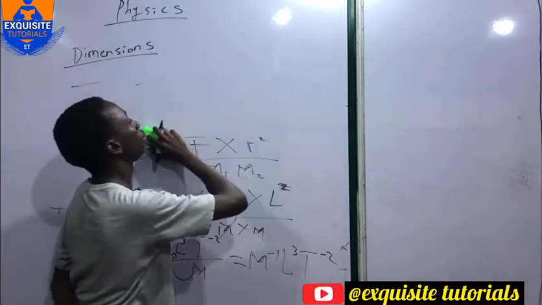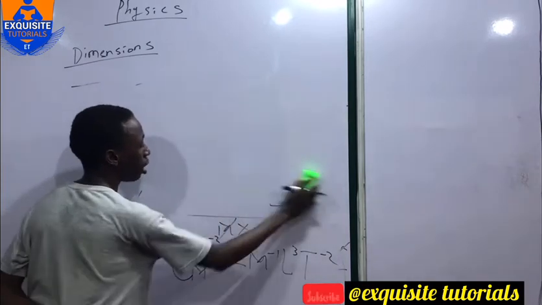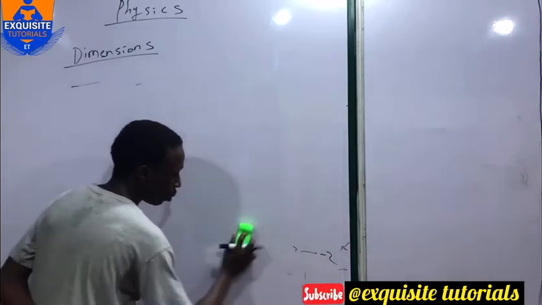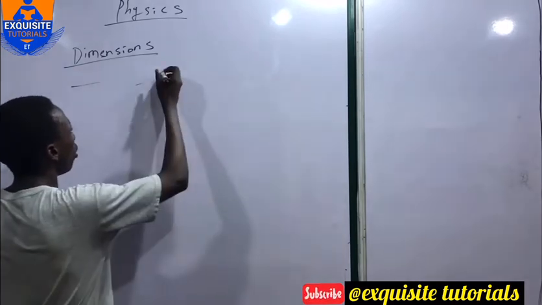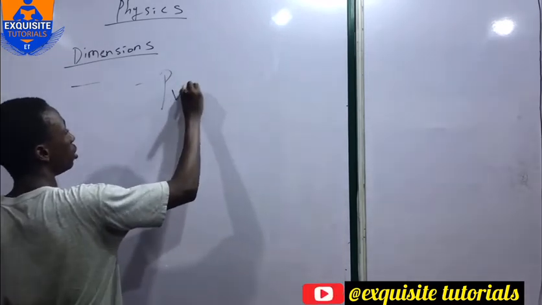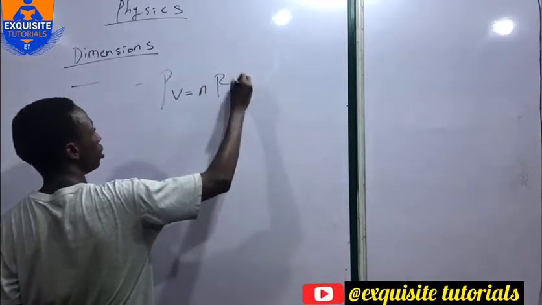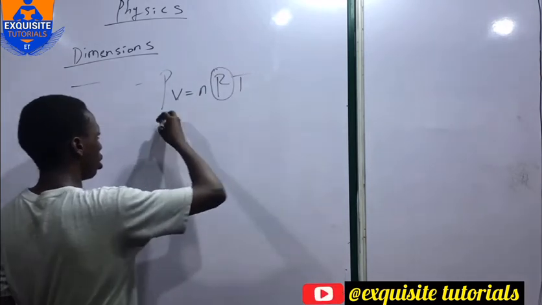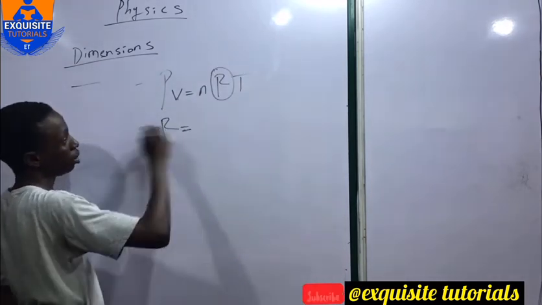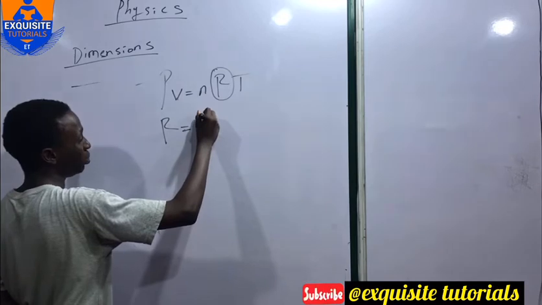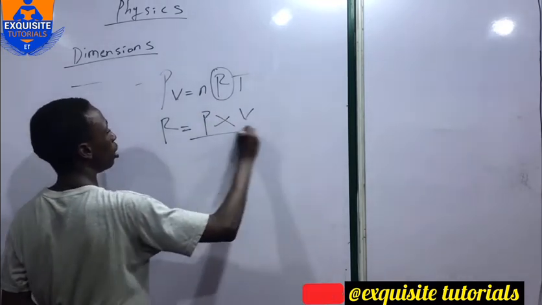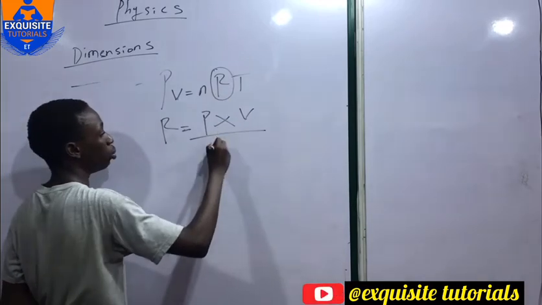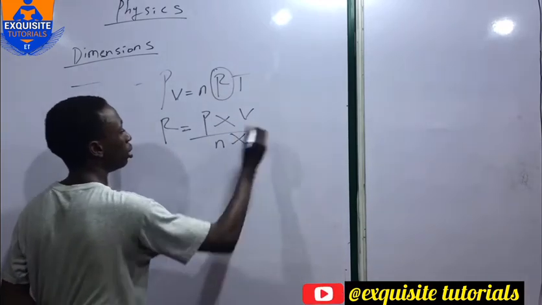Now let's take our gas constant R, from the formula PV equals nRT. We're looking for the dimension of R. Now we know that R is equal to P, which is pressure, times V, which is volume, all over n, which is mole, times T, which is temperature.